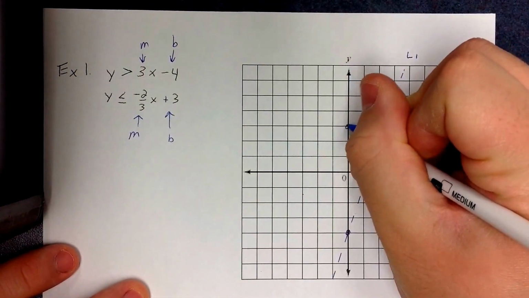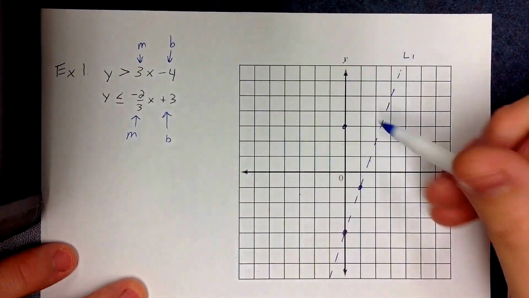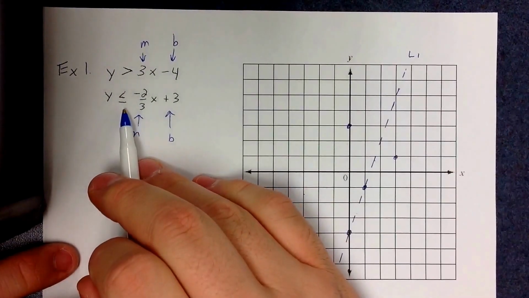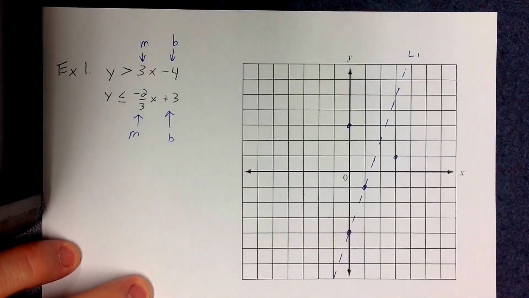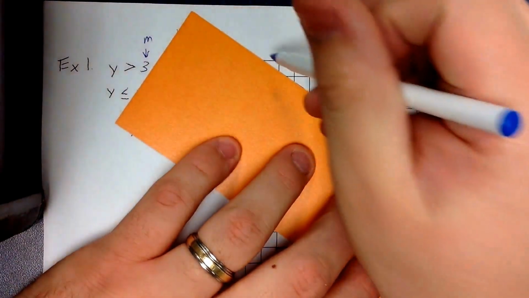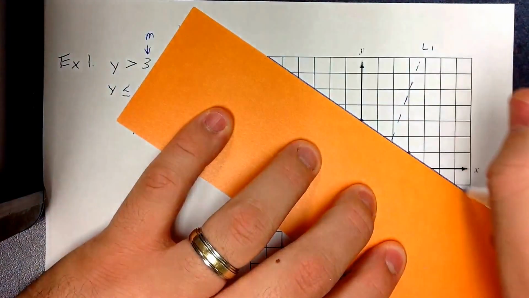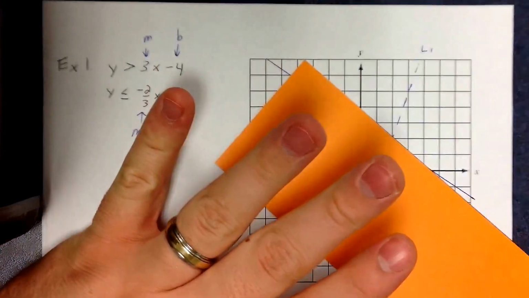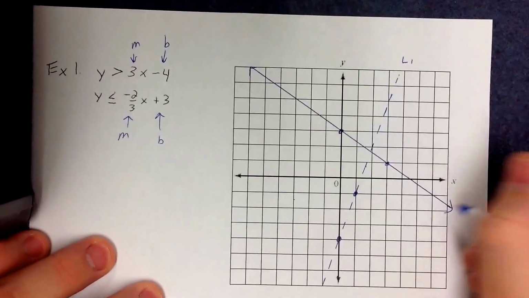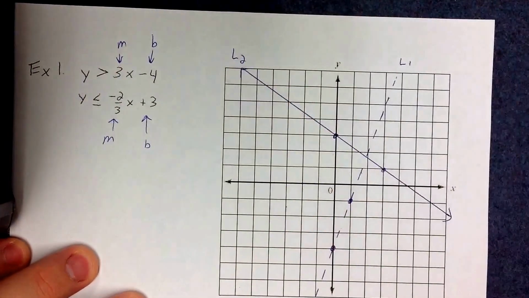So I start at 3 on the y-axis, go down 2 to the right 3, and since it's less than or equal to, it's a solid line. And I like to label this line 2 because it's the second line that I drew.